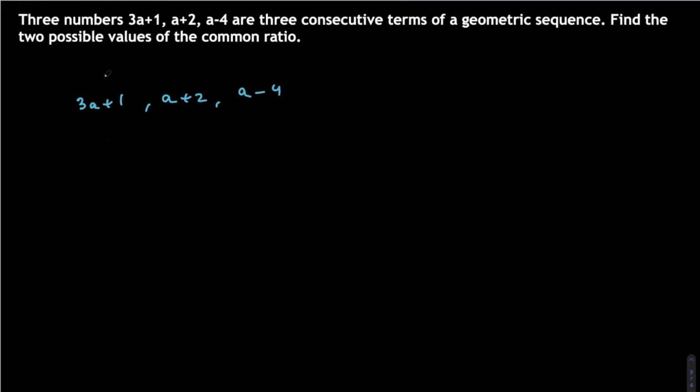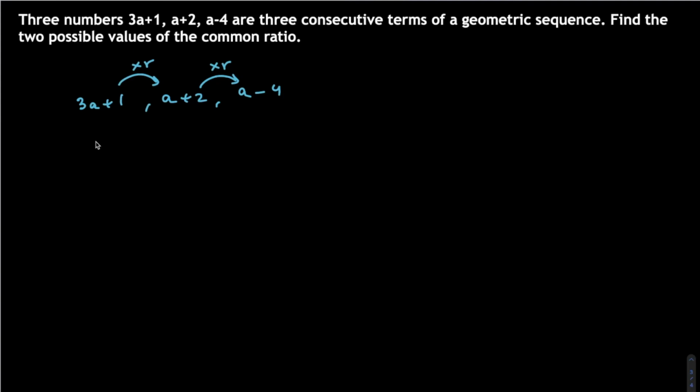So now we're given that these are three numbers in a geometric sequence. Now, what is the one thing that always stays consistent with a geometric sequence? The one thing that always stays consistent is that every number after in a geometric sequence is being multiplied by some constant value called the common ratio. So let's keep that in mind.